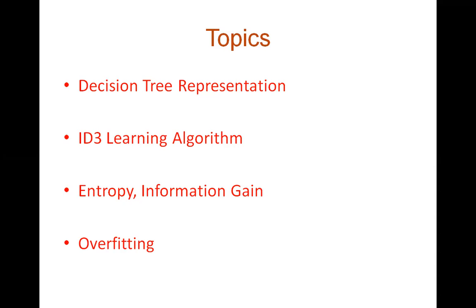In each and every machine learning case, we will have the training data. So that training data we'll use and we'll construct the tree. Once we get the tree, that tree can be used to classify the new, unseen data.